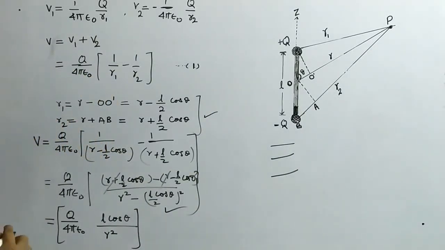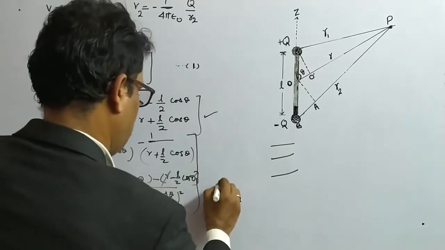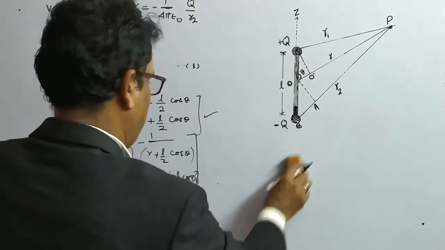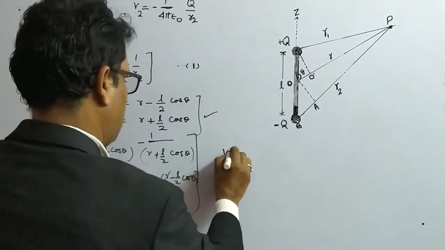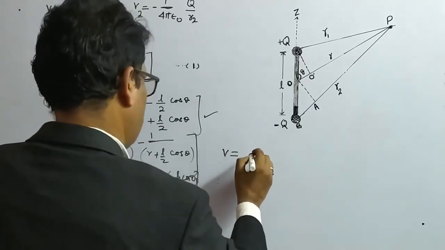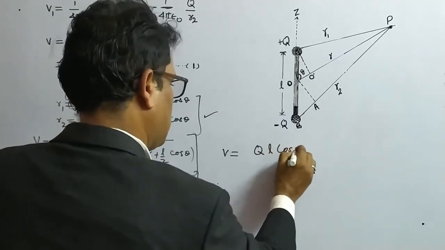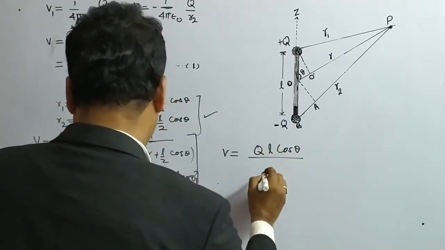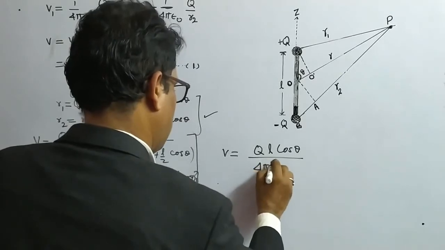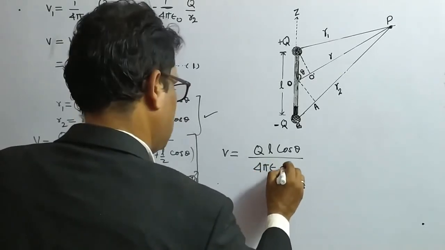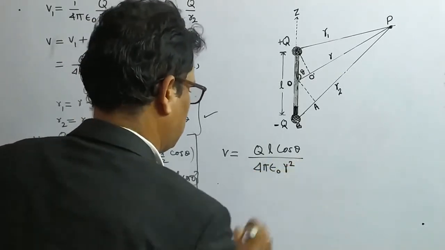So finally I have the expression for potential, I am writing it here: V is equal to qL cos of theta upon 4 pi epsilon naught r square.